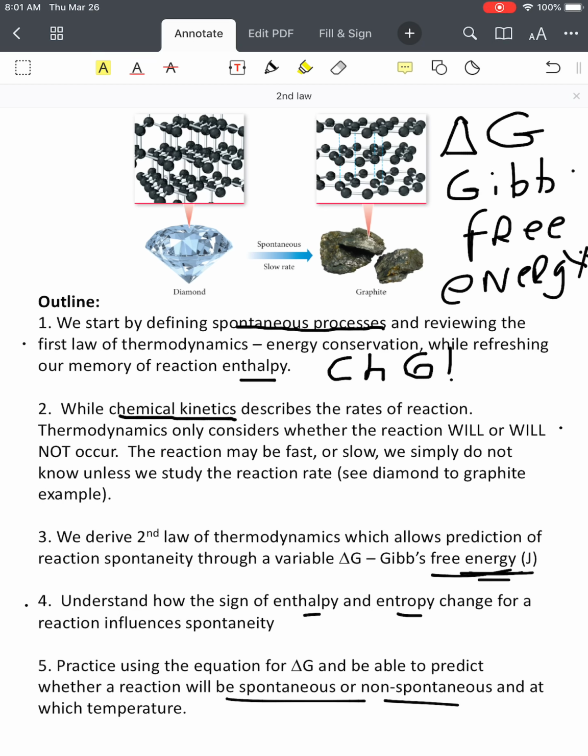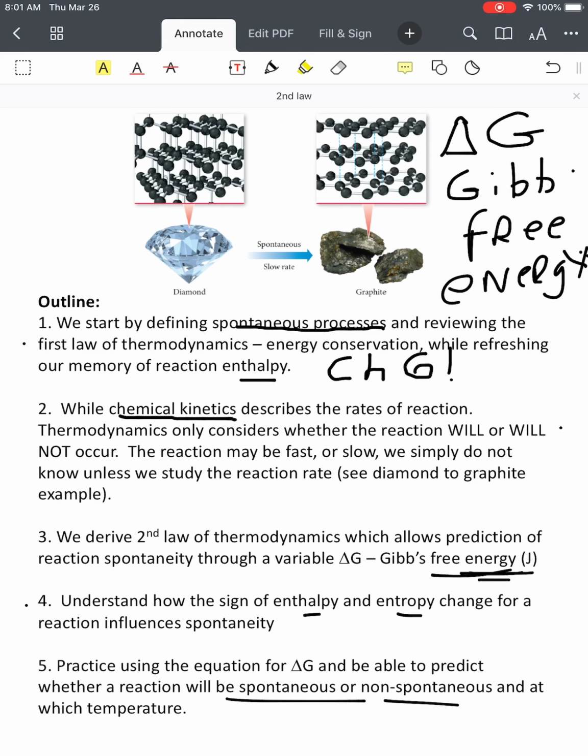We're going to see a capital T, which is our Kelvin temperature. And believe it or not, the equation even allows us to predict what temperature a given reaction may become spontaneous at. In other words, if we heat up the system or cool it down, it might change the properties of the reaction. So we're going to get to that eventually here in this lecture. It's really quite interesting.